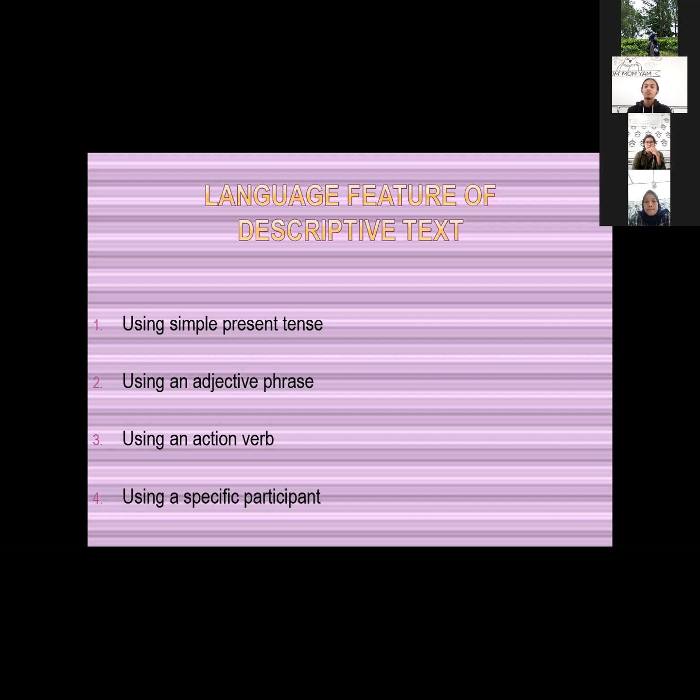For example, run, sleep, walk, cut, and many more. And the last is using specific participant. The specific participant is a certain object that is not common and is unique in the text. For example, my house, Borobudur temple, my mother, my father, and many more.